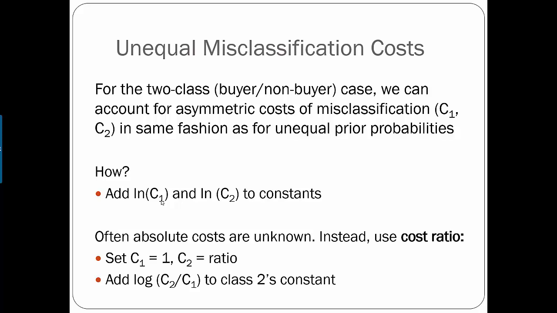When the ratio is what is known, you set one cost to 1 and set the other cost to the ratio, and then add that up. That's a way of handling unequal misclassification cost when the absolute cost itself is not known, but the ratio is known.